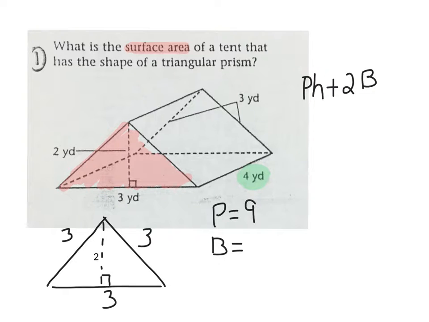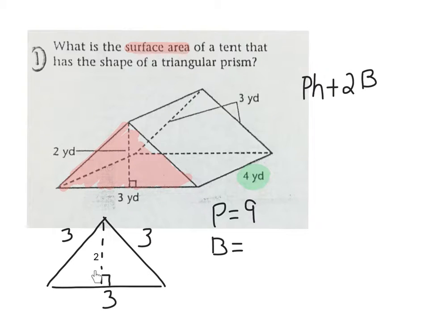So that's what goes there. Not inside my formula, inside the shape. So now remember, area of the base is 1/2 area of the base of this triangle. So area of a triangle is 1/2 base times height. So that means 1/2 times 2 times 3.